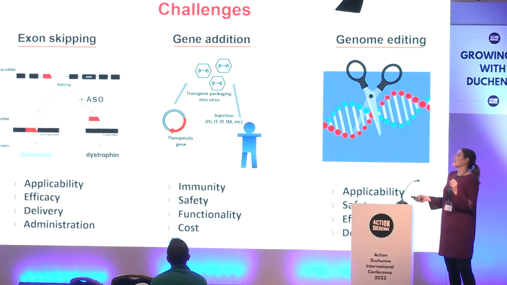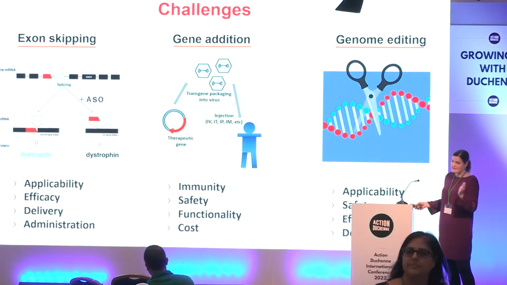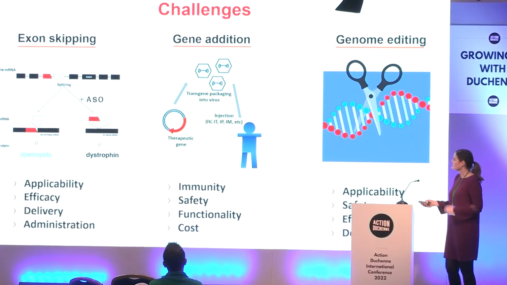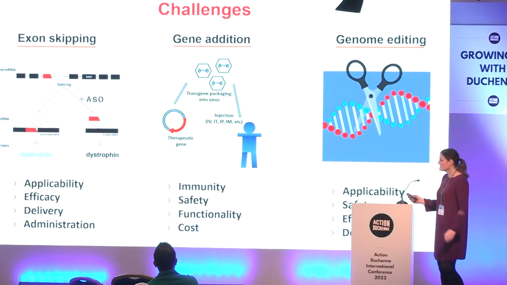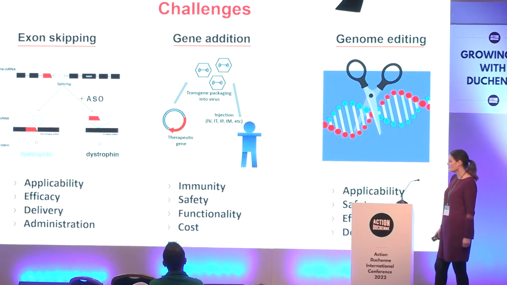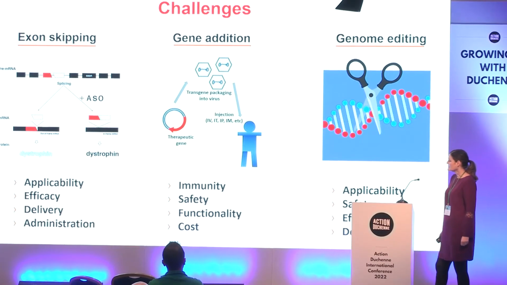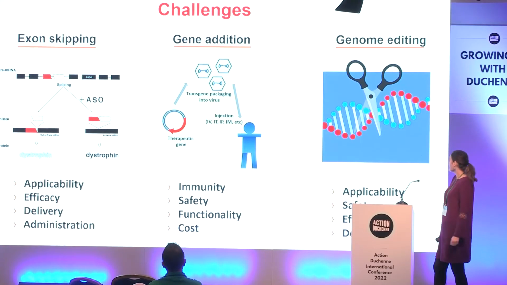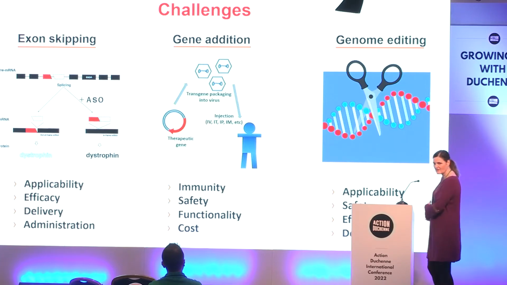So I won't talk about exon skipping, Annemieke's done that already, and I did it yesterday, but for the gene addition, I see the challenges, as Annemieke's pointed out, the immunity, the safety, the functionality of the protein that's being expressed, and also the cost. And then for the gene editing, I don't know why they've put this here. It covers half the slides, doesn't it?